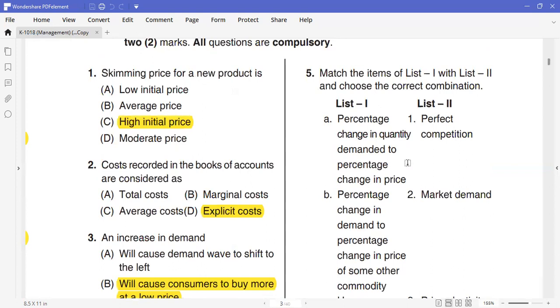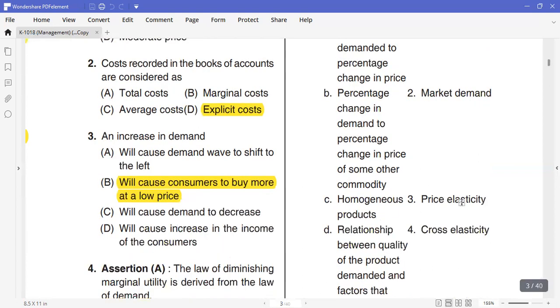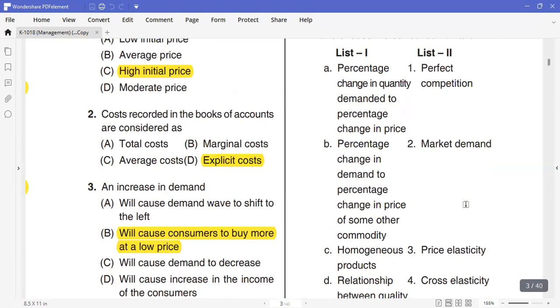The percentage change in the quantity demanded to percent change in price. It is actually called price elasticity. So price elasticity is basically we take the change in quantity demanded to the change in price, that is percent change in price. So therefore the correct option for A is 3, price elasticity.